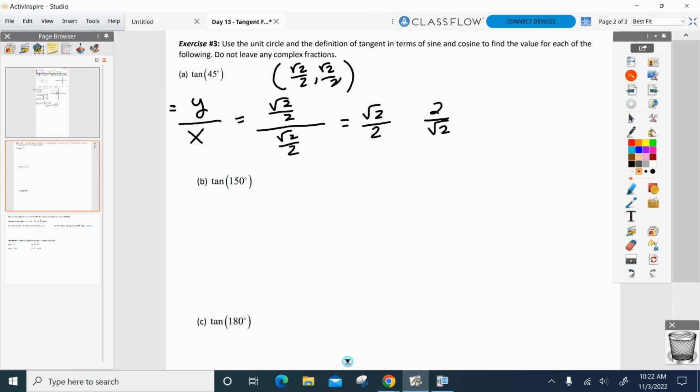Not division, but multiplication. That's what we do when we have a fraction over a fraction. Anything you can cross out? The 2's and the square roots of 2 go. So what's the answer? 1. Yep, so the tangent of 45 is 1, and you could confirm that on your calculator.